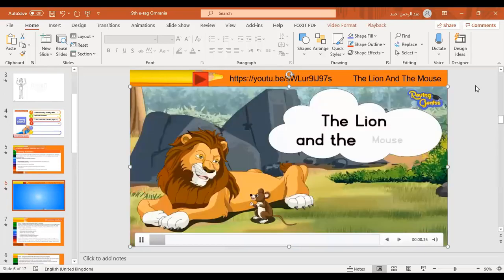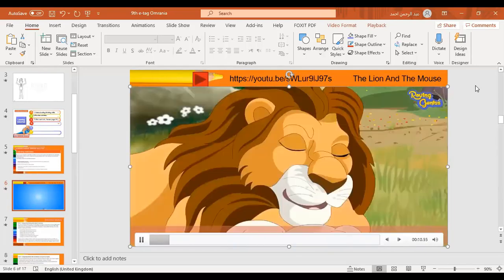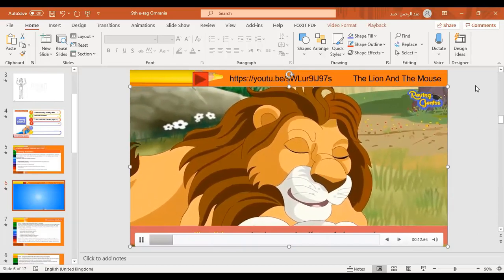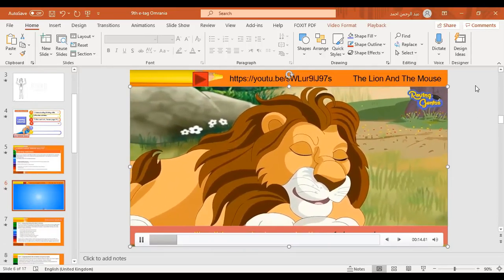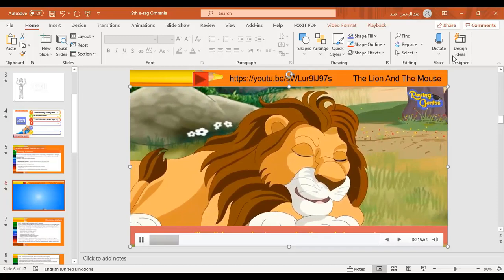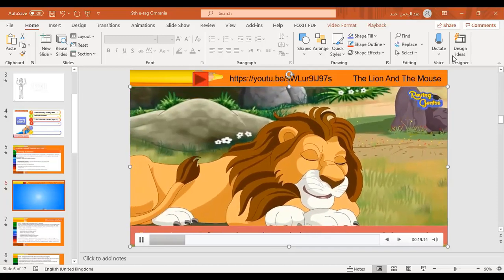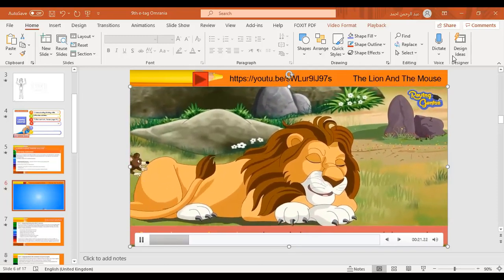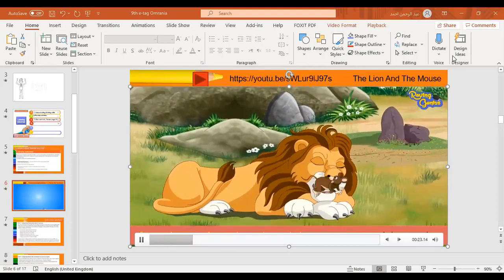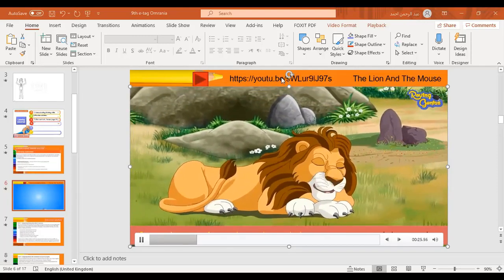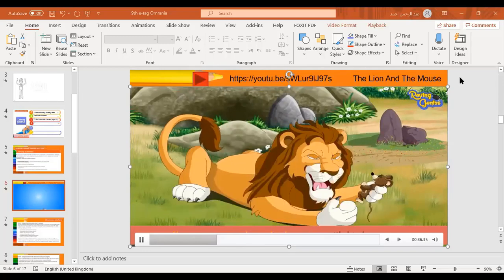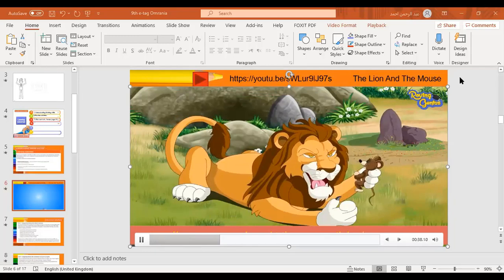The Lion and the Mouse. We all know the lion is the king of the jungle. Once, a lion was fast asleep when a little mouse ran up and down on him. This awakened the lion. He was angry and caught the mouse with his huge paw.